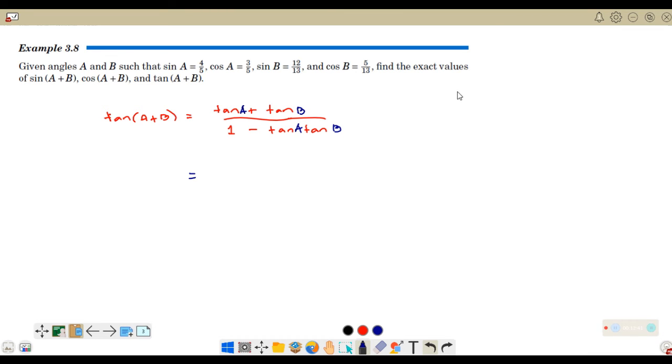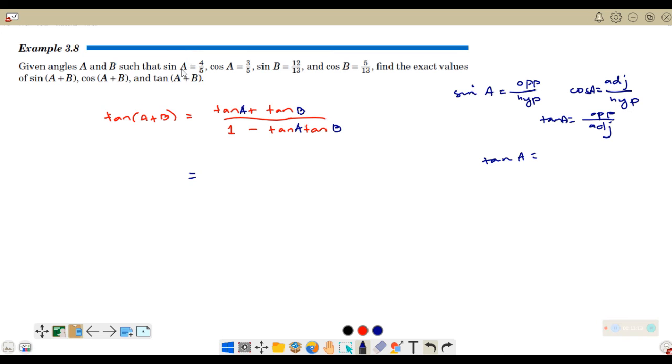So, si sine A, kunin natin dito si sine A. This is opposite over the hypotenuse, right? And then for cosine, that is adjacent over the hypotenuse. And for the tangent, that is opposite over adjacent. So you can use this idea for finding tangent A.